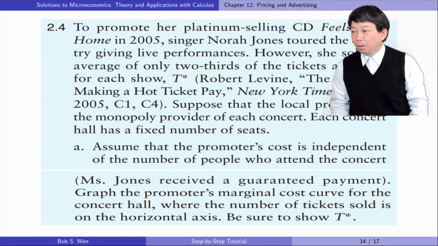Suppose that the local promoter is the monopoly provider of each concert. Each concert hall has a fixed number of seats. In Part A, assume that the promoter's cost is independent of the number of people who attend the concert. Graph the promoter's marginal cost curve for the concert hall, where the number of tickets sold is on the horizontal axis. Be sure to show T-star.